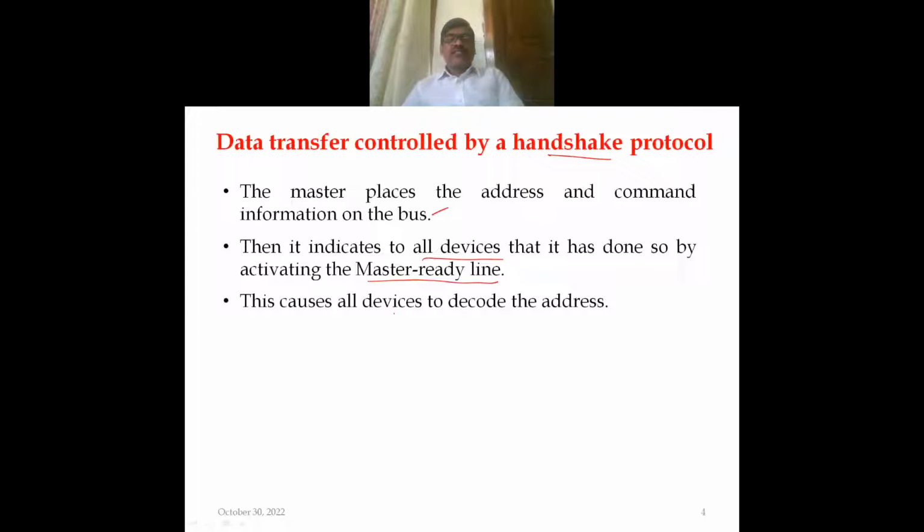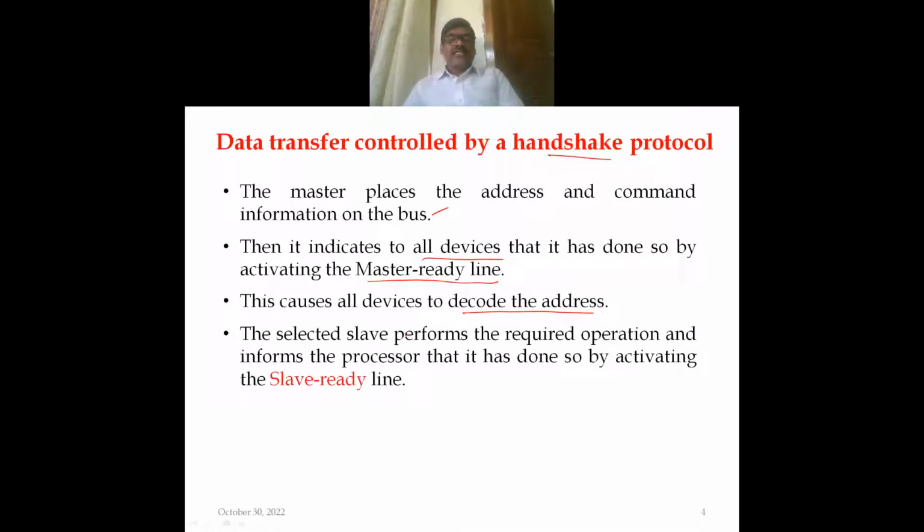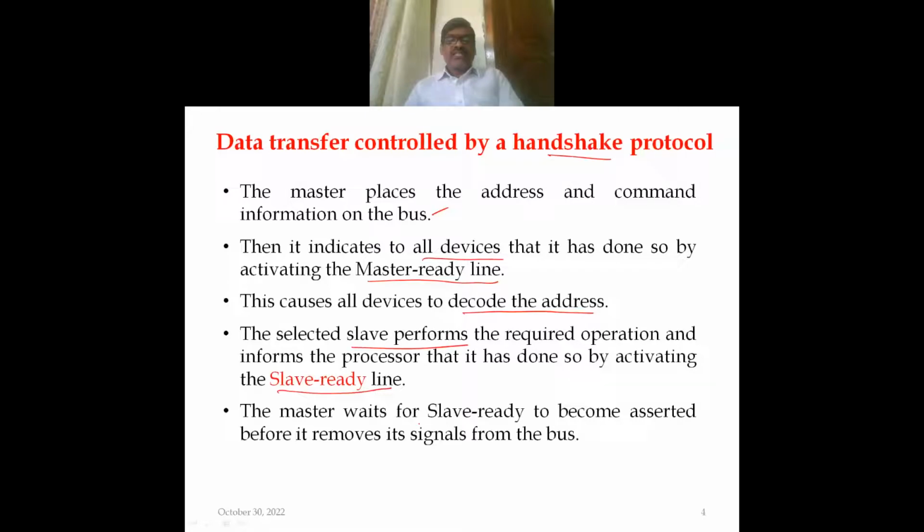This causes all devices to decode the address, and the selected slave performs the required operation and informs the processor that it has done so by activating the slave ready line. The master waits for slave ready to become asserted before it removes its signals from the bus.